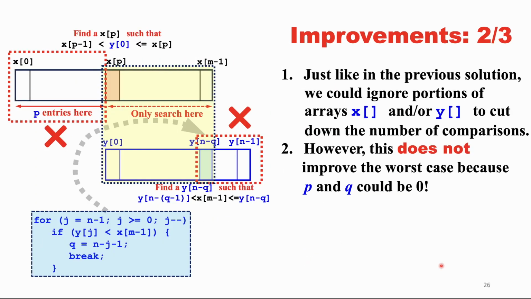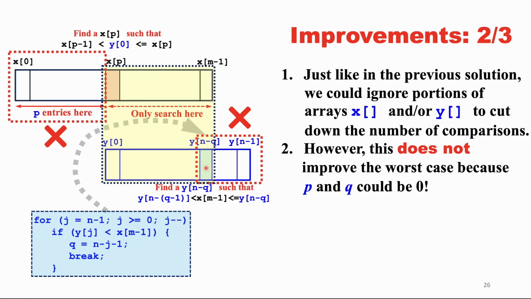We could also imitate the improvement we discussed in the first section. We could cut a portion out of x, another portion out of y. In this case, x runs from xp to xm minus 1. When we do binary search, left is 0 initially, and right is m minus q.